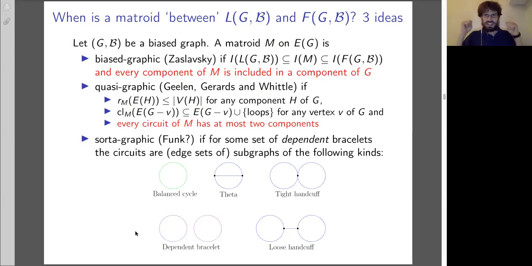I take a biased graph, I take some set of bracelets in this graph, any set of bracelets, and then I can just define a collection of subsets of the ground set according to this recipe, and I can see whether it gives me a matroid. If it gives me a matroid, I'll call that matroid sortographic. But maybe it won't give me a matroid.